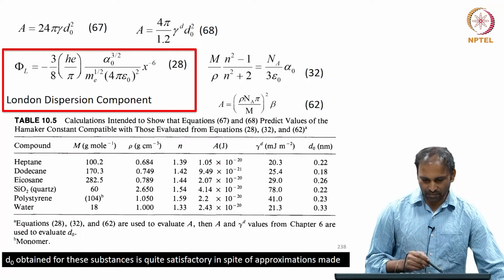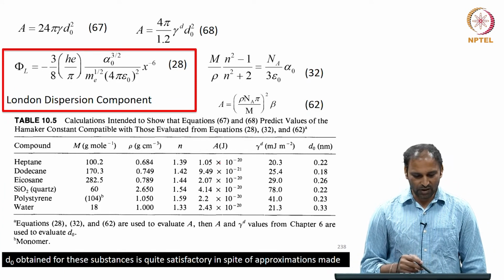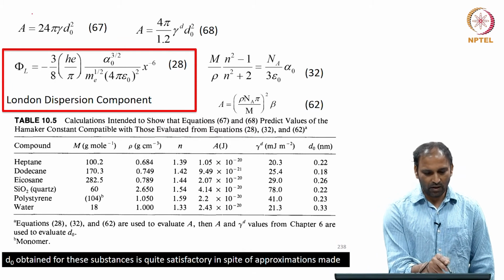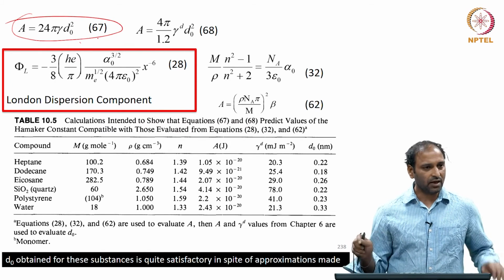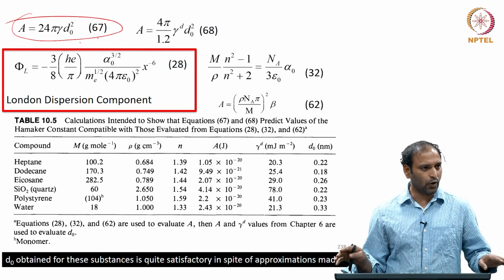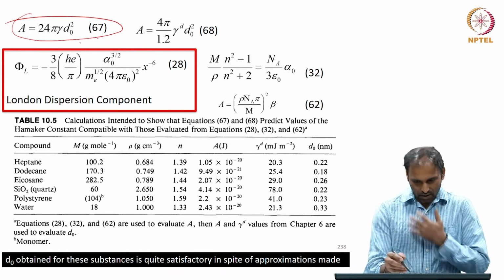Now these are some tables. We know how we got that: by equating the cohesion energy and the Van der Waals interaction between the blocks.